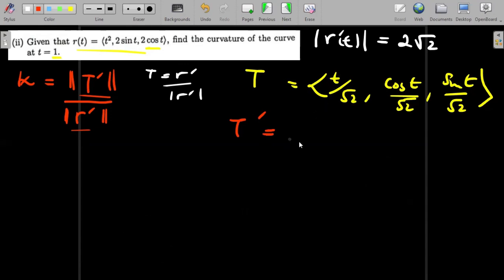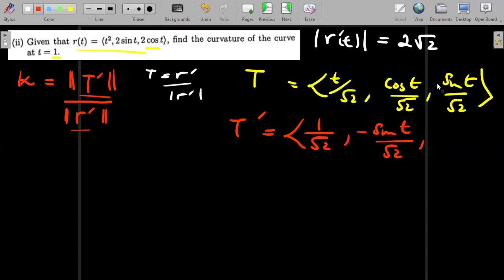So T prime is going to be, here we have this T. When we differentiate T, you just get 1 multiplied by 1 over root 2, so they just remain with 1 over root 2. Then for cos, when I differentiate cos, I get negative sine T over root 2.